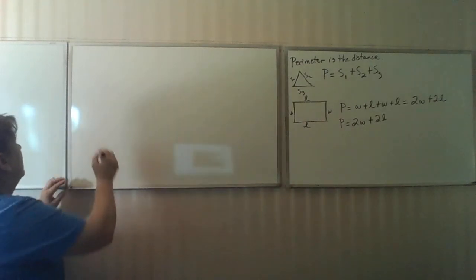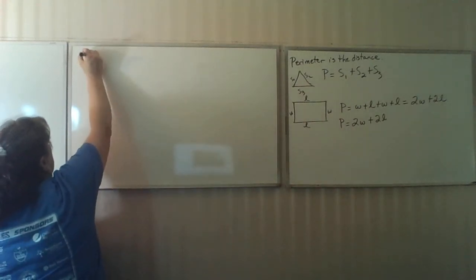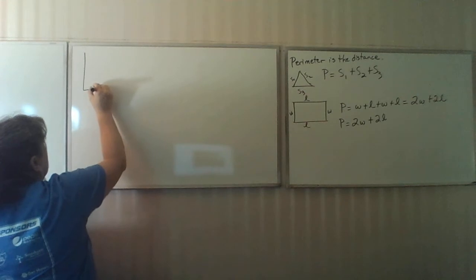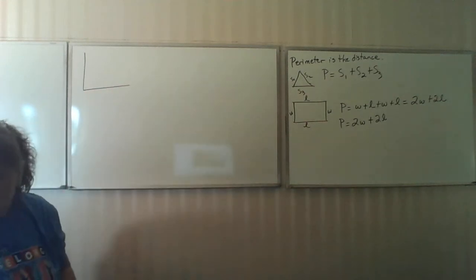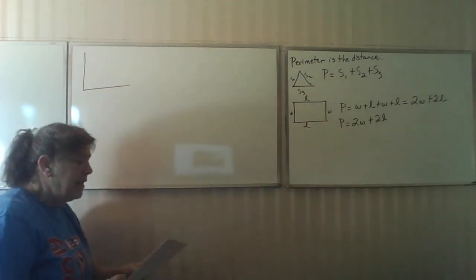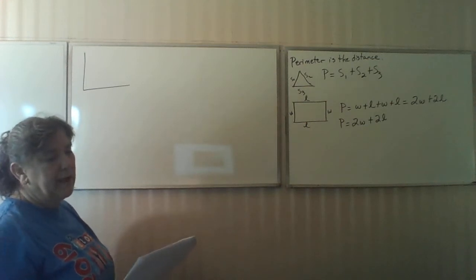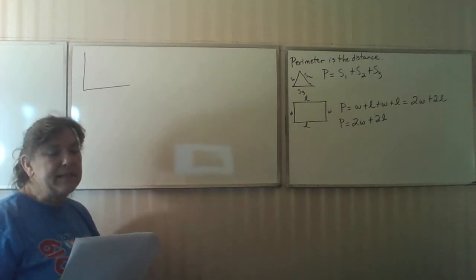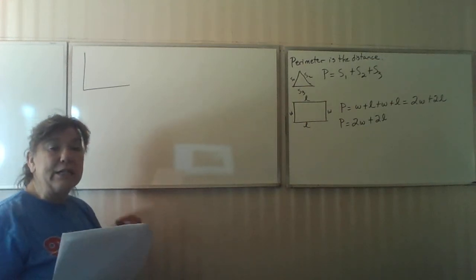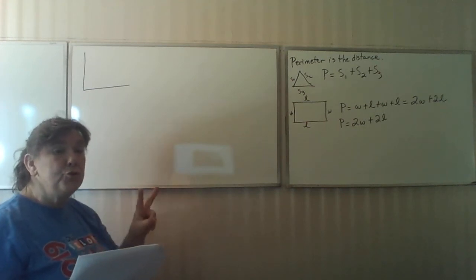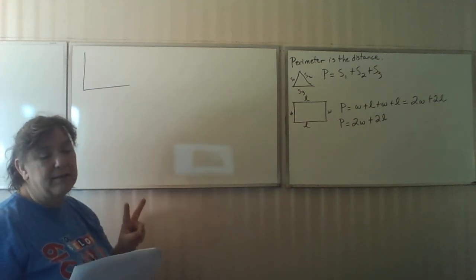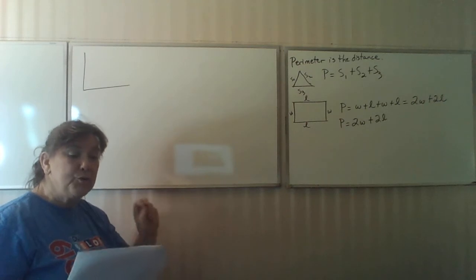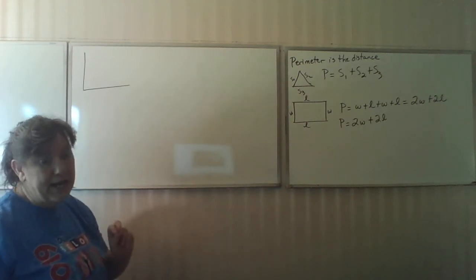Okay, example number 1. And this is what it says. 2x plus 4 and 3x plus 16 represent the degree measurements of two complementary angles. Find the actual measure of each angle.